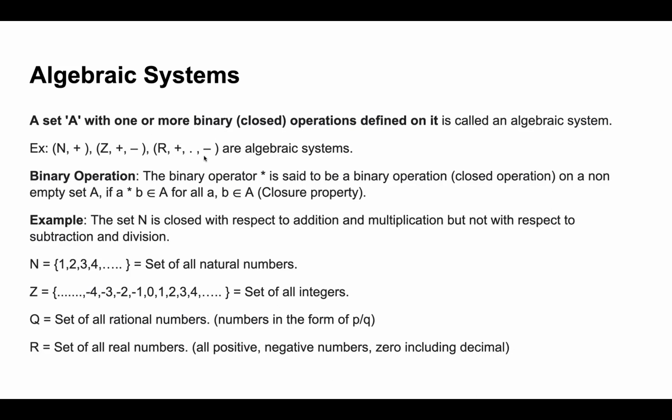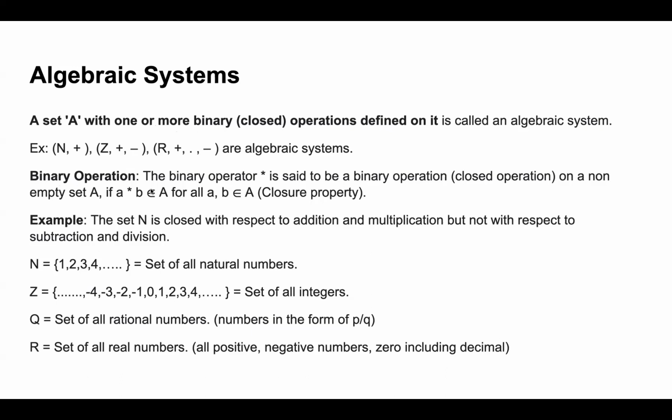It is also performed on real numbers. The answers coming from these operations are there in the real number set itself. So R with plus, dot and minus is an algebraic system. That is the example for it.